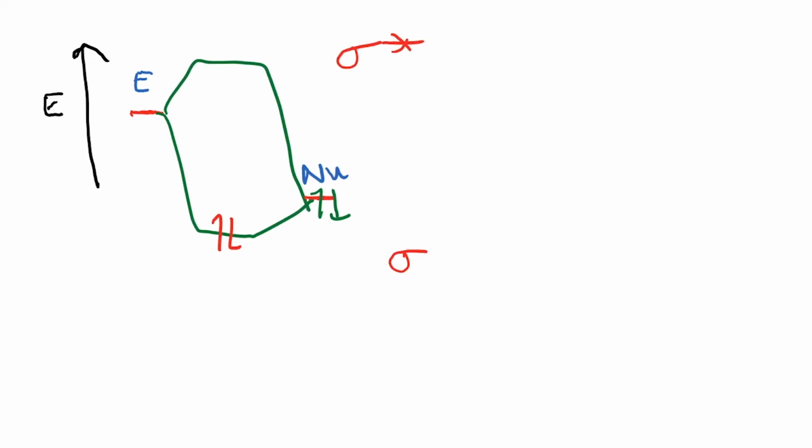Okay, so if I look at this picture, I see that there's clearly some stabilization being afforded, because if I compare these two energy levels, the sigma molecular orbital is lower in energy, but this gap is quite small.